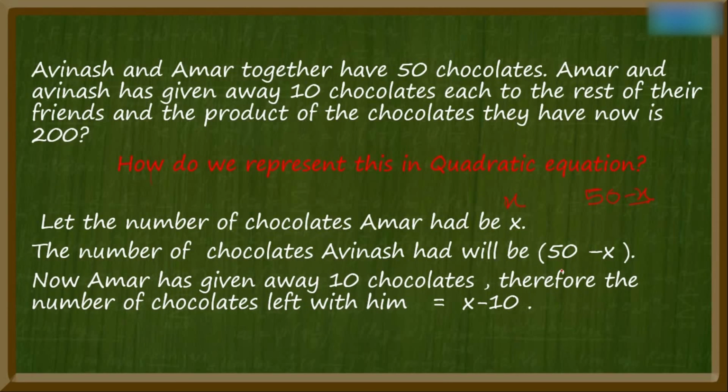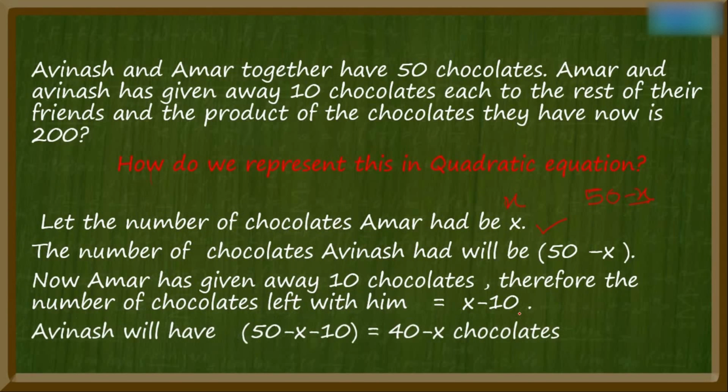As we see in the question, Amar has given away 10 chocolates. Initially Amar had x. Now if he has given away 10 chocolates to his friends, he will have x minus 10 chocolates. Let's see what Avinash will have. Avinash has 50 minus x chocolates.